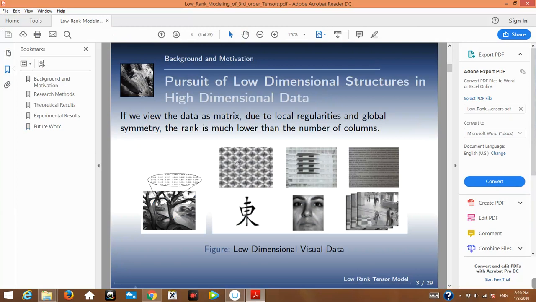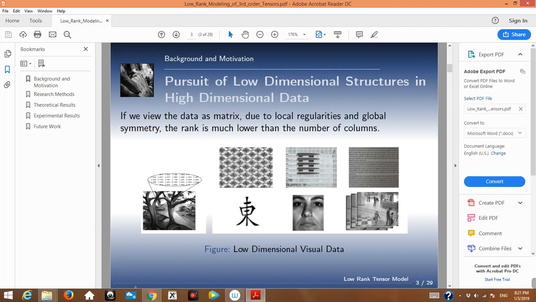Please look at those pictures. As is well known, in MATLAB, those images are stored as a matrix. You can see that this kind of image has global symmetry. For example, this Chinese character is very symmetric.